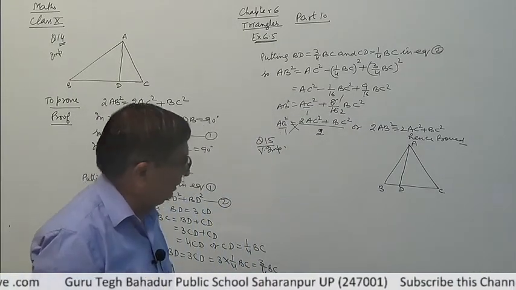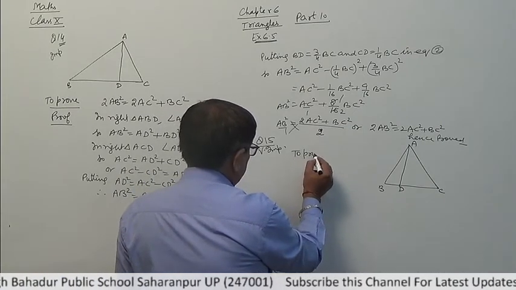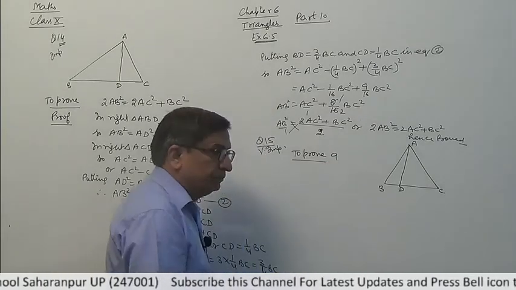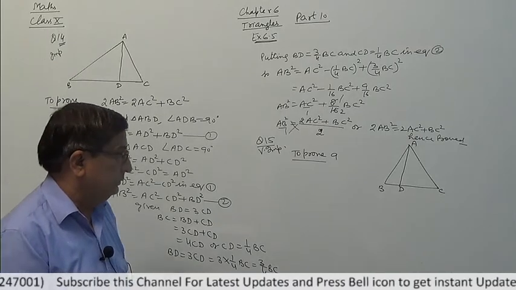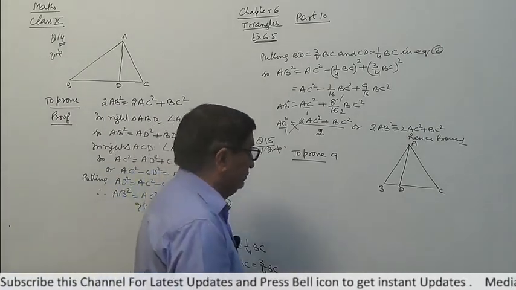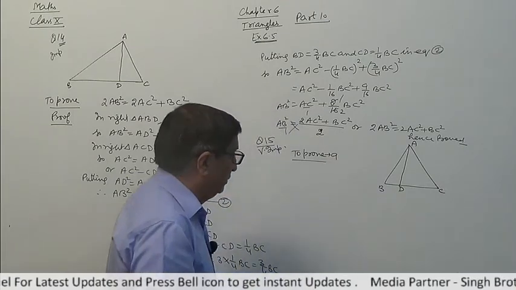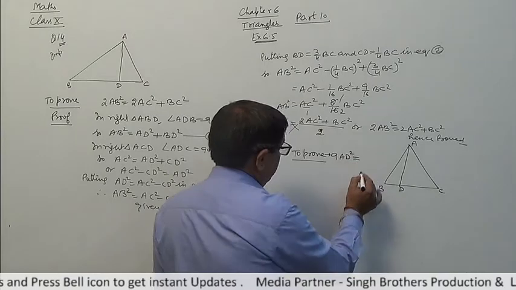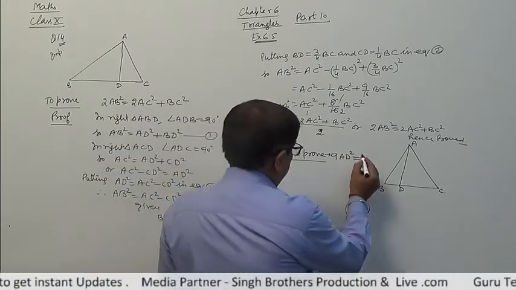To prove that 9AD square is equal to 7AB square.